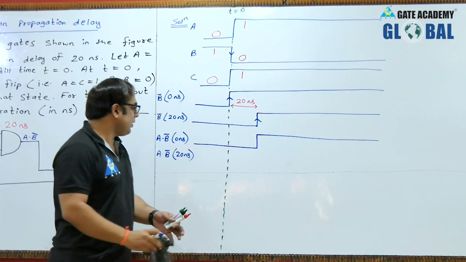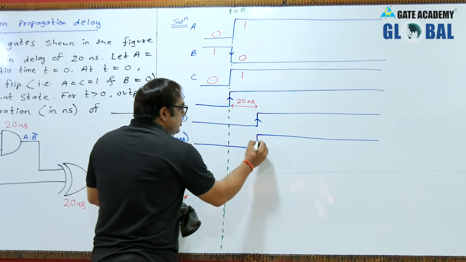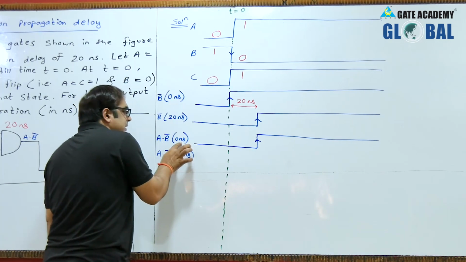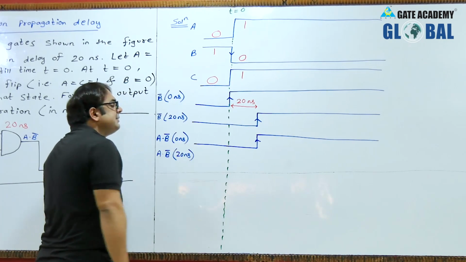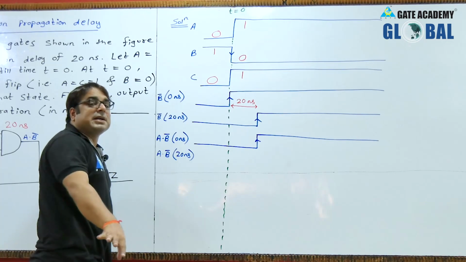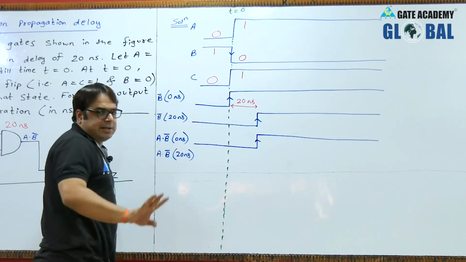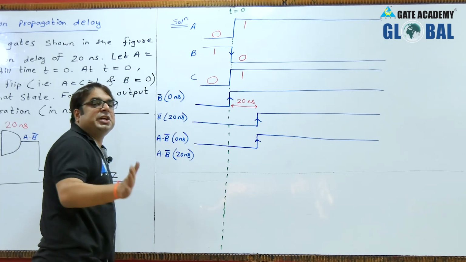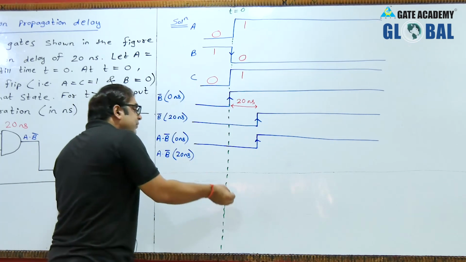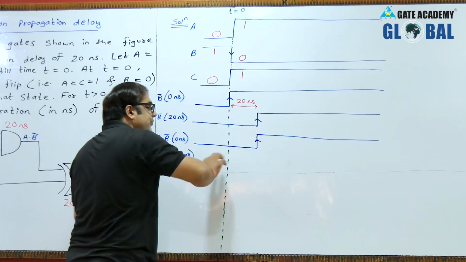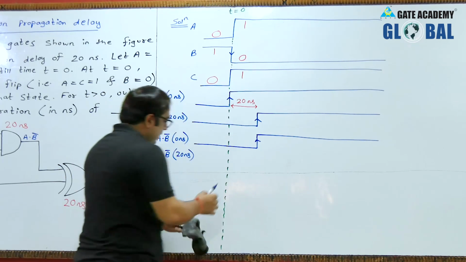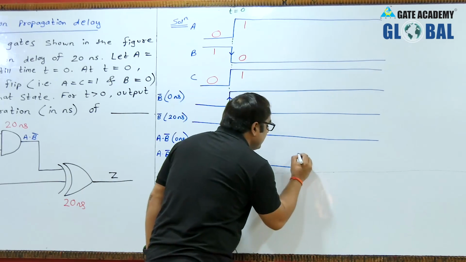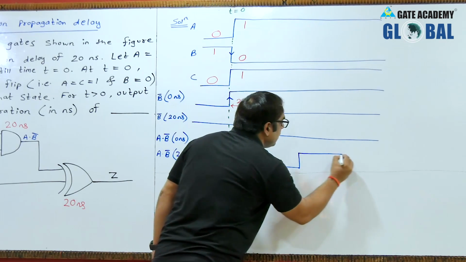So yes, a similar waveform I am getting for A dot B complement assuming 0 nanosecond propagation delay. But for all the gates in the logic circuit, it is given that the propagation delay is 20 nanosecond. So what we have to do is shift the same waveform right hand side by 20 nanosecond like this.